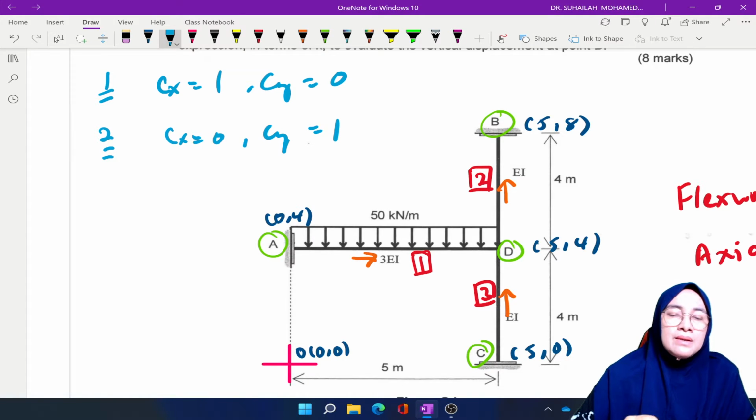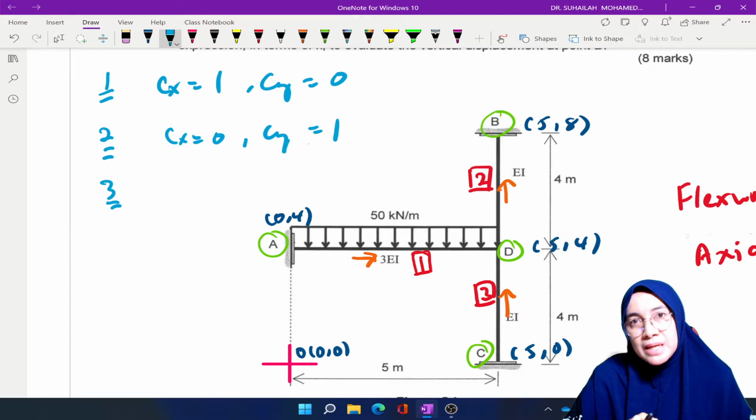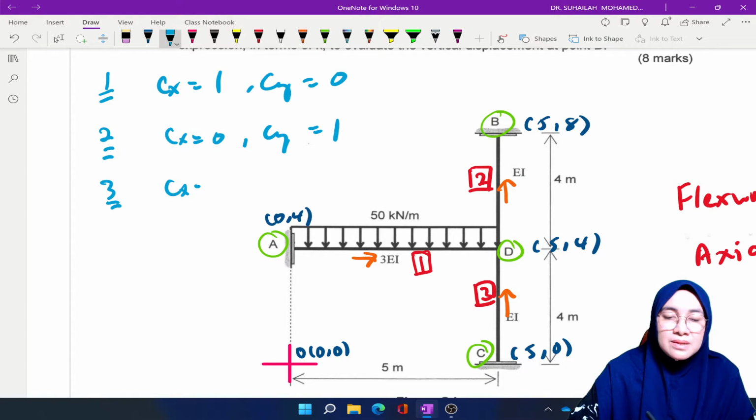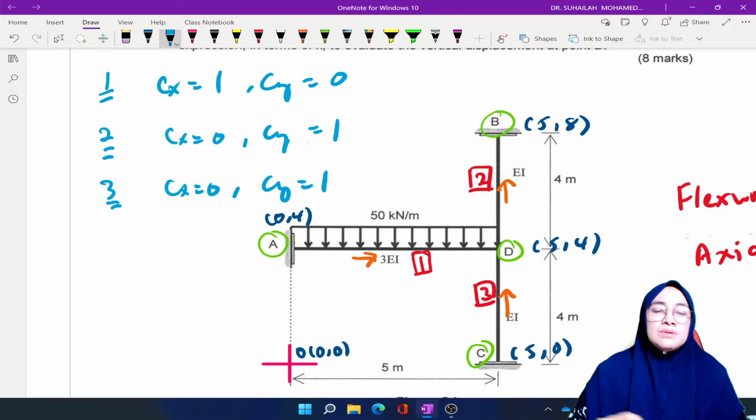And then for element number 3, we have the same value. Cx is equal to 0, Cy is equal to 1. Whether the Cx and Cy value is positive or negative depends on the arrow. That's why the arrow is very, very important. So this is the value.